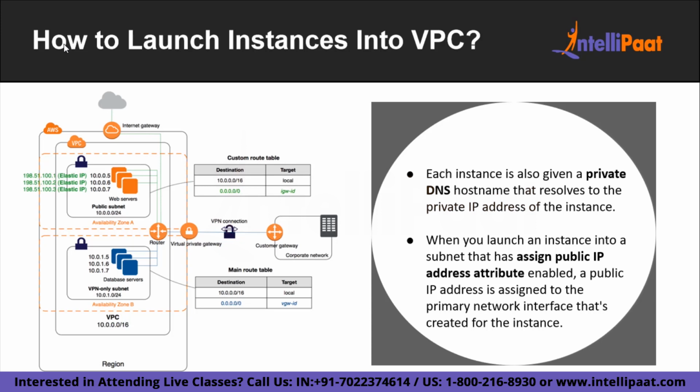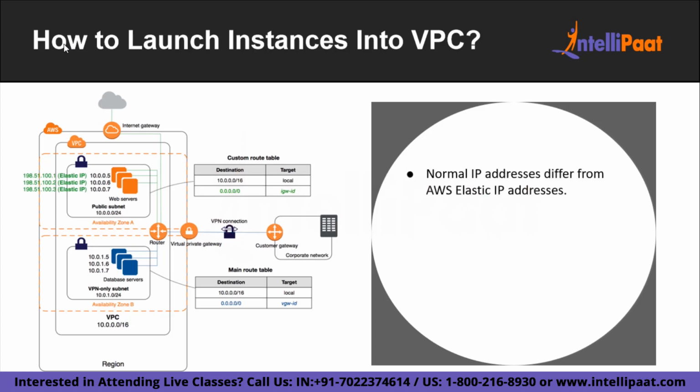While we are on the subject of IP addresses, it's important to note that public IP addresses differ from AWS Elastic IP addresses. An instance's public IP address is drawn from Amazon's pool of public IPv4 numbers. When you stop and restart an instance, the public IP address allocated to it changes, but not during a reboot.